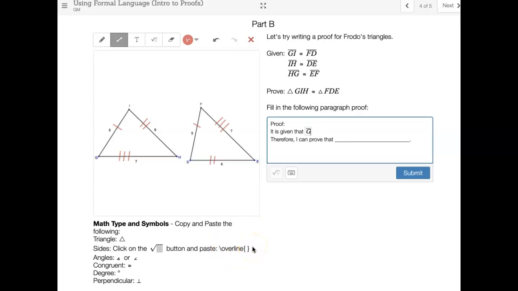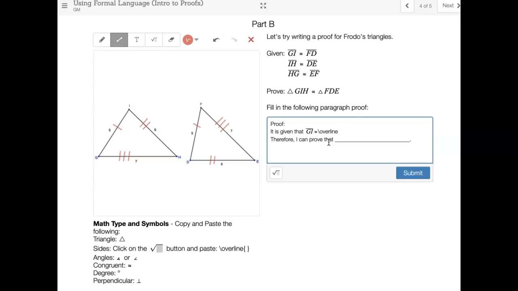If I paste this little code here, it gives that little line. So what I wanted to say is GI is, now I'm going to copy this congruent symbol, Command-C, paste it, and now I think I can just copy this GI again. I'm going to paste it here, and that's not what I wanted. Alrighty then.